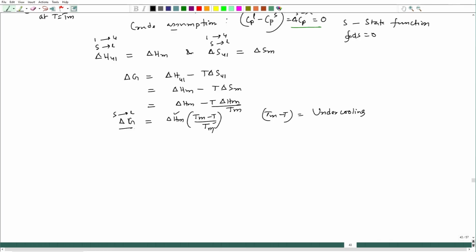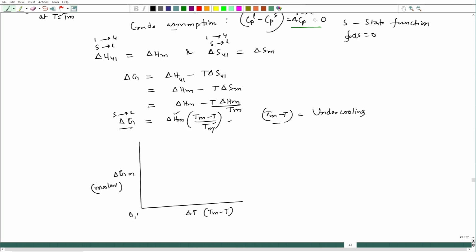Now we see that the free energy change at any temperature below melting point can be expressed through this, where this is the undercooling. Now if I try to draw this free energy change with undercooling, delta T, which is Tm minus T, and delta G, and this is molar, remember. I can write M because we have started with 1 mole, molar free energy change due to solid to liquid transformation.